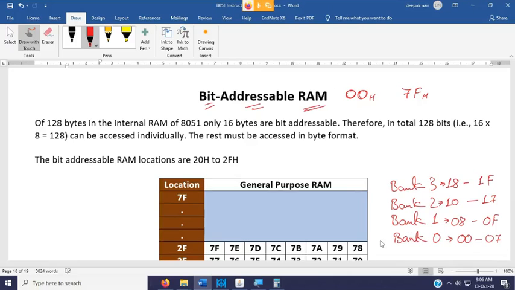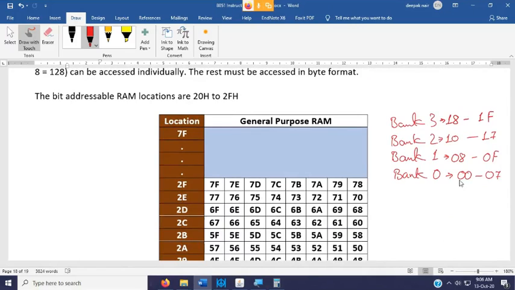These banks are always R0 to R7, and bank 0 is the default bank, used by the 8051 for temporary registers. Another area is used by the microcontroller for the stack. And remember, you can change the address of the stack just by initializing the stack with some other number.